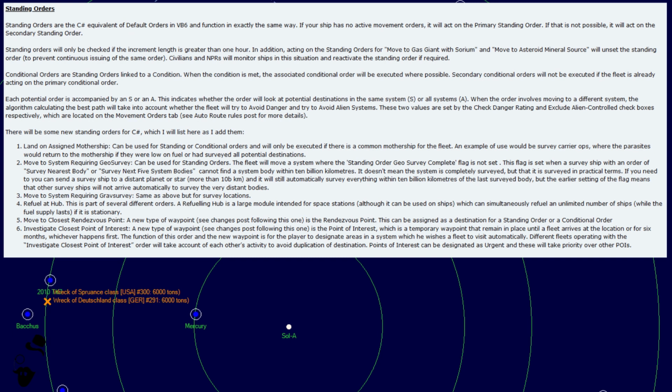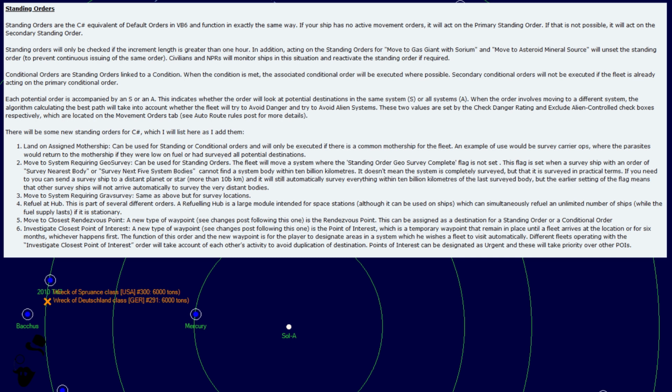Move to system requiring geosurvey can be used for standing orders. The fleet will move to a system where the standing order geosurvey complete flag is not set. This flag is set when a survey ship with an order of survey nearest body or survey next 5 system bodies cannot find a system body within 10 billion kilometers. It doesn't mean the system is completely surveyed, but that it is surveyed in practical terms.